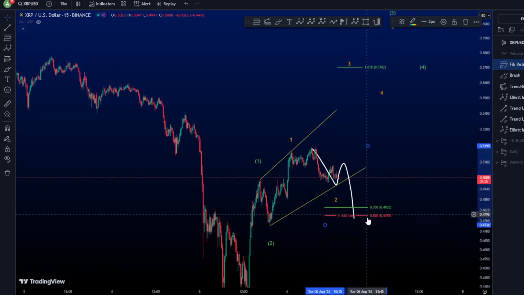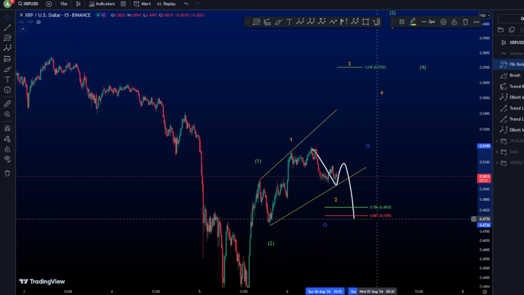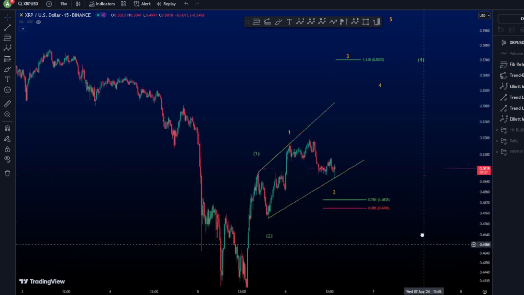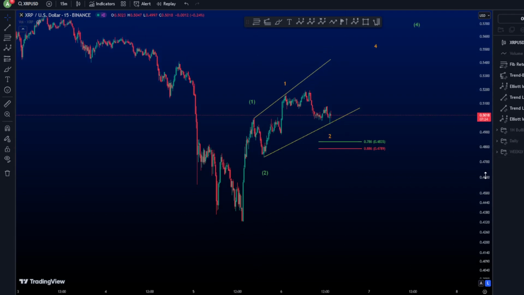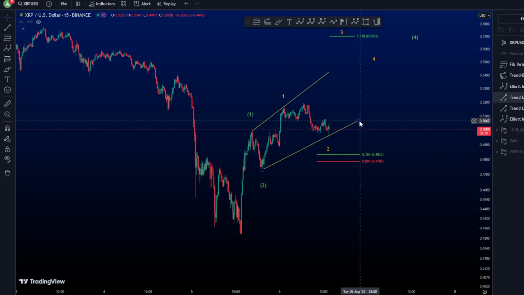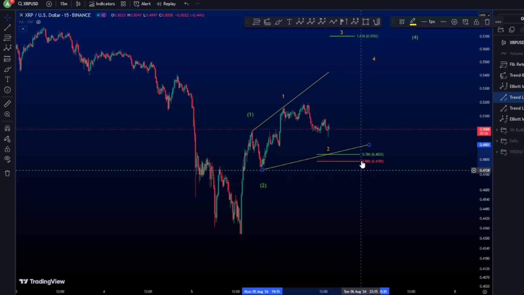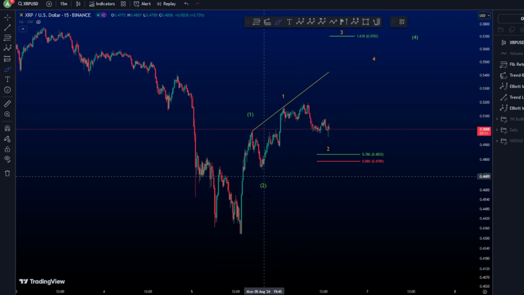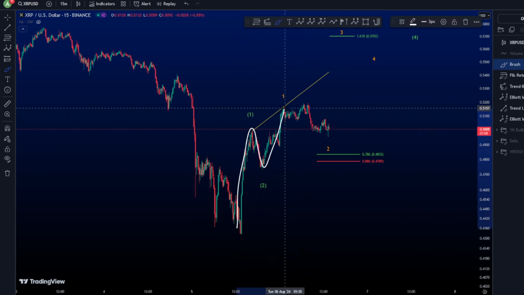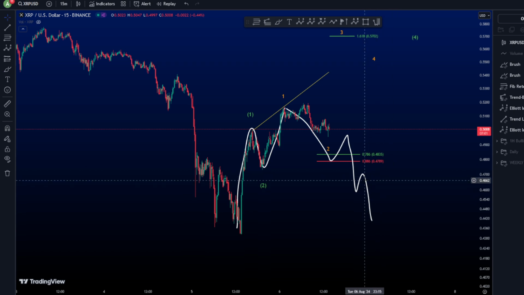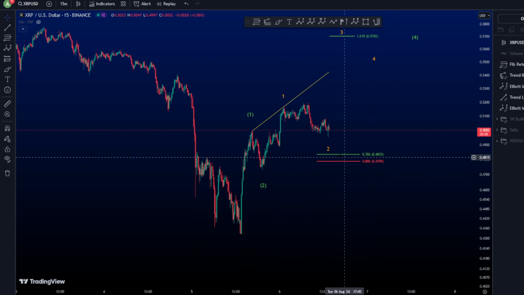In that case, if we go lower than 0.47 cents, lower than this number on the 0.886, then this would invalidate a wave 2. However, it doesn't invalidate the whole impulse, but it can still be something else. I would say it's going to be a correction here, finishing an A, B, and a C: impulse, correction, impulse, and then going for further downside. That is the reversal scenario.